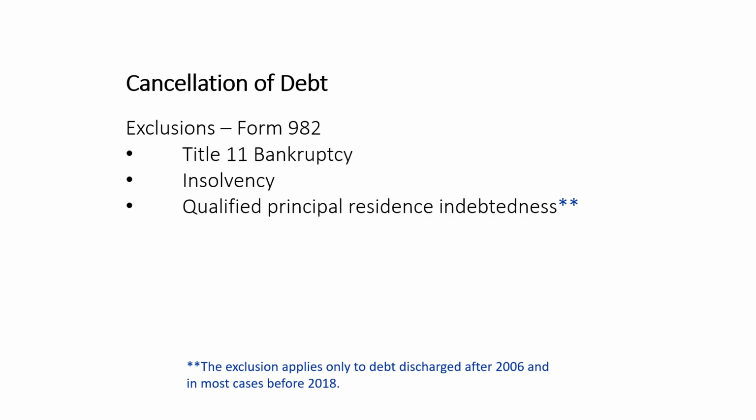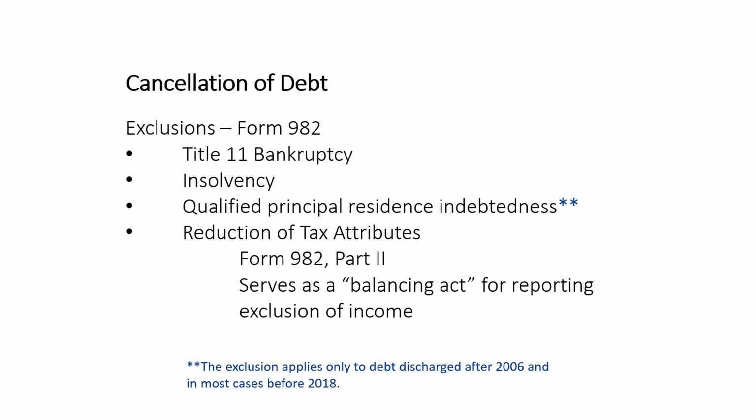Now, the exclusion applies only to debt that was discharged after 2006 and in most cases before January 1st, 2018. Reduction of tax attributes. This is Form 982, Part 2. This reduction of tax attributes serves as sort of a balancing act for reporting any exclusion of income.